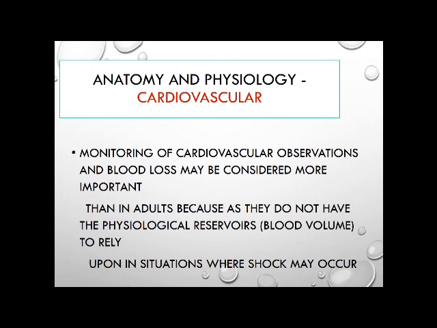The observation and constant monitoring of cardiovascular parameters in pediatric patients are very important. This is because blood loss will not be easily compensated by pediatric patients in comparison to adults because of their limited reserves.